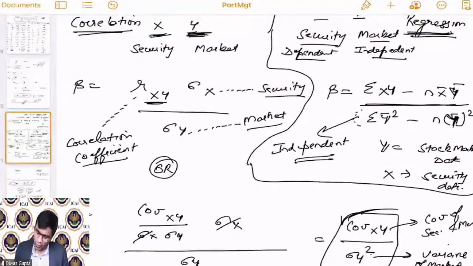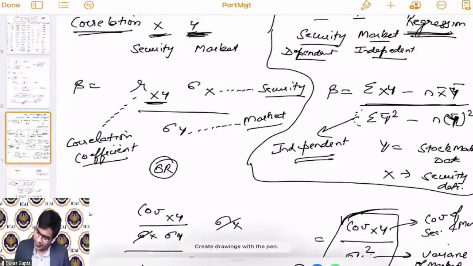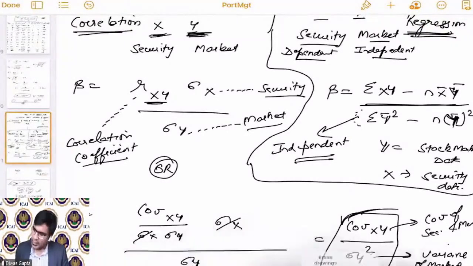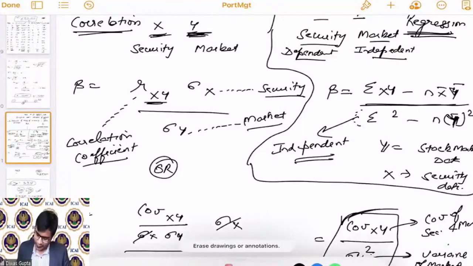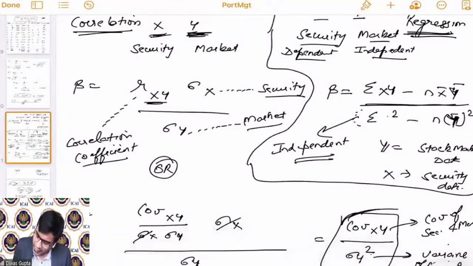So students, please note one correction actually here. In the regression technique, here it's not summation Y bar. This is my mistake. You can take Y square here. Okay. Y square minus N Y bar square.